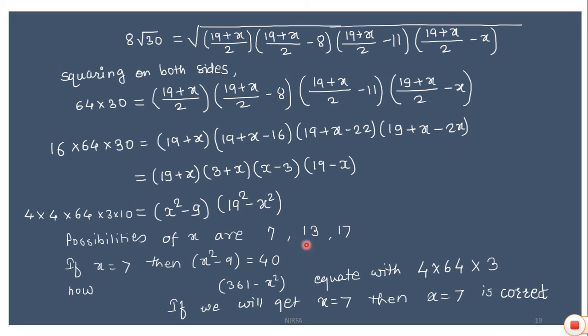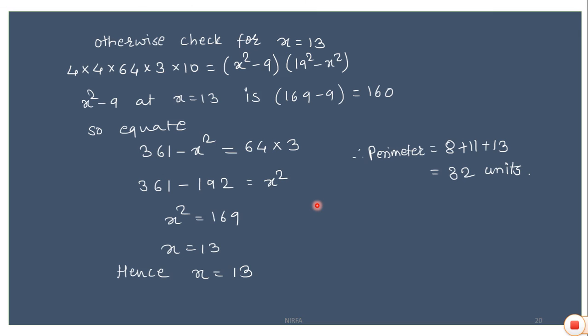So go for the next value and try for this. When I am putting 13 here, 13 square is 169. 169 minus 9 is 160. Now this is 16 and this is 10. You can cancel out this 160 with this bracket. Now the remaining thing is 64 into 3, and 19 square minus x square.